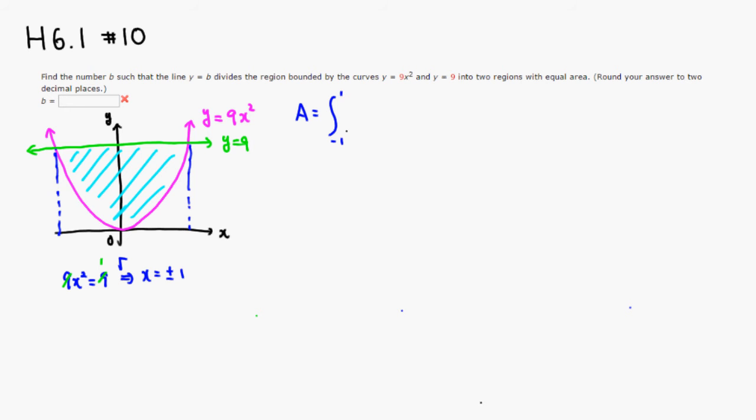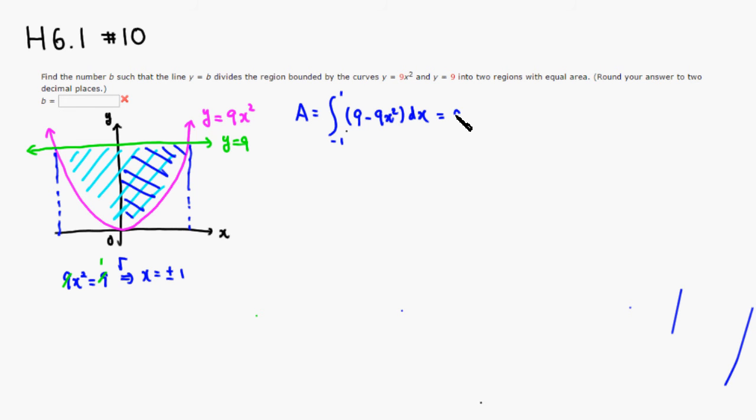The top curve is going to be 9, which is a straight line, minus 9x squared. But since it's symmetric, instead of doing from -1 to 1, we can get half of the region and then multiply by 2.